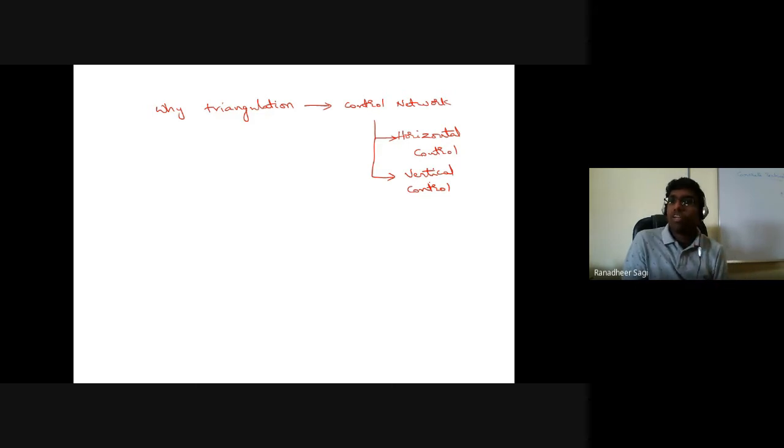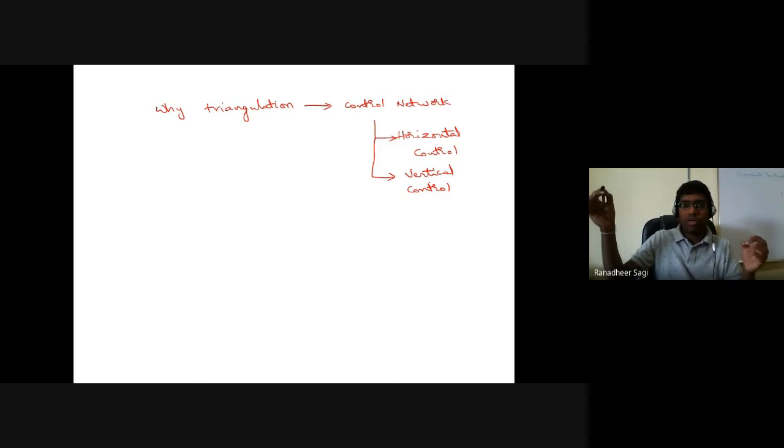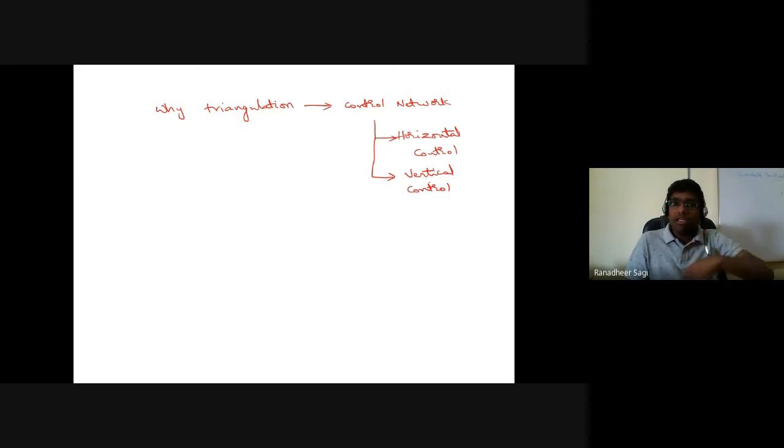Based on vertical angle measurements between one point and another, we can also understand in the vertical plane how much the elevation difference is between one location and the other.